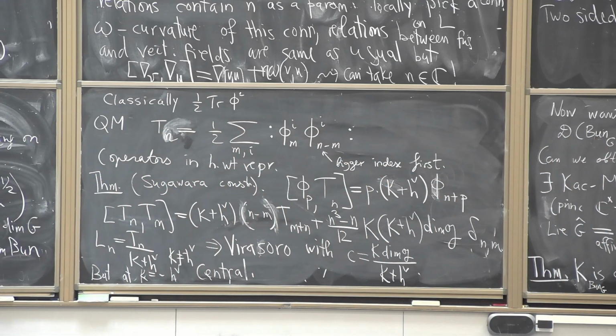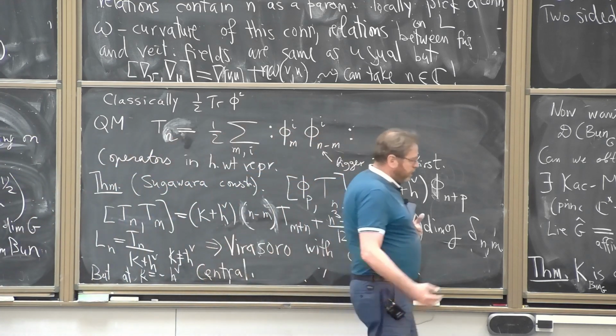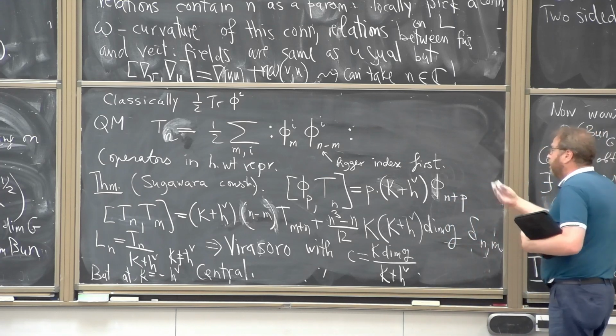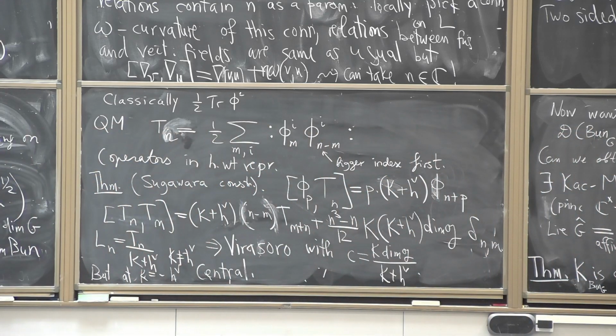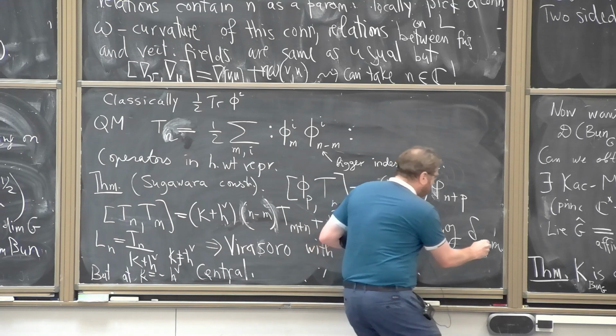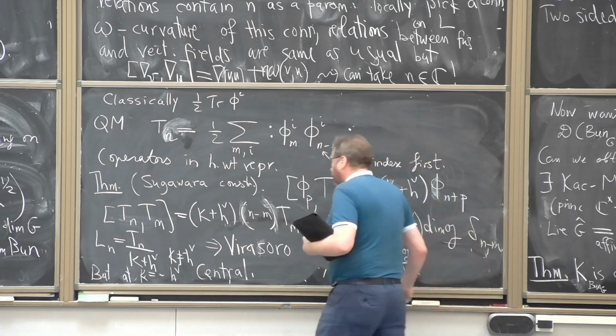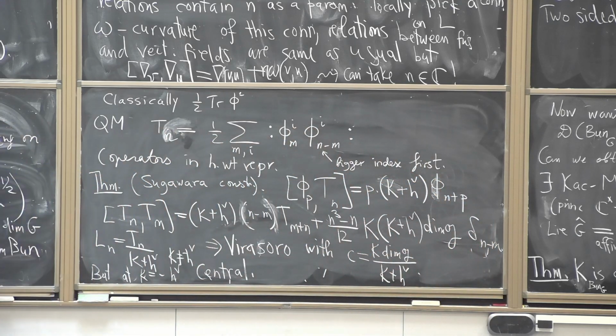So Beilinson and Drinfeld used the Feigin-Frenkel theorem as an input, and with a lot of work, they were able to construct this quantum Hitchin system. Minus n, thank you. So I think I should stop here. Thank you very much.